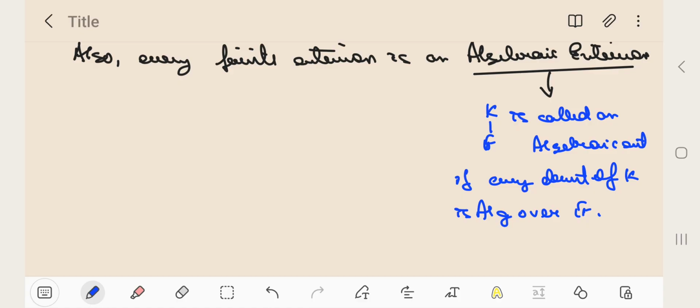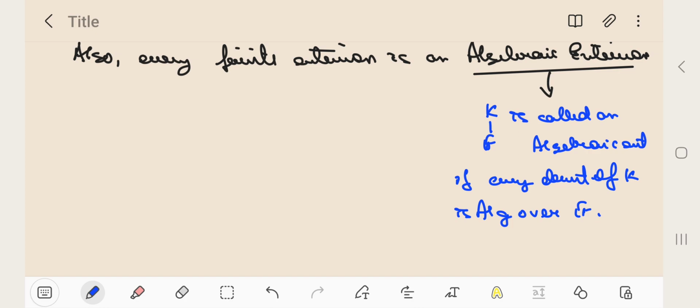For example, if you choose any complex number a plus ib, you will get a polynomial over R of which a plus ib is a root.